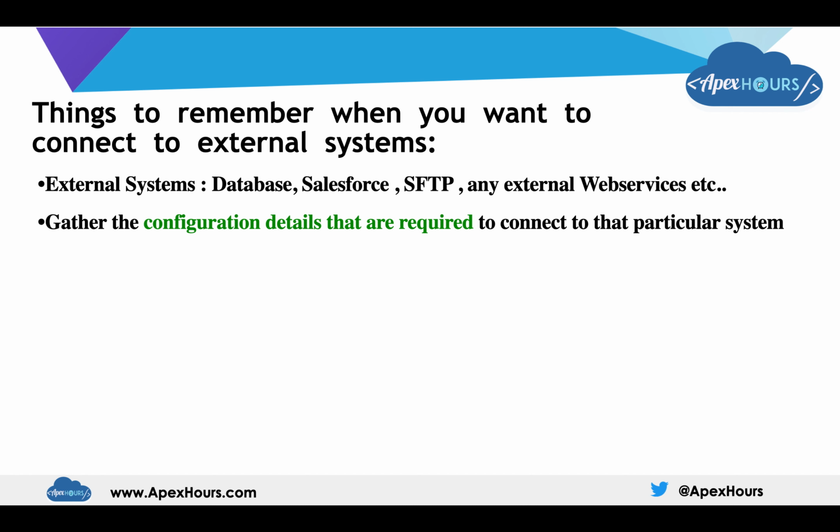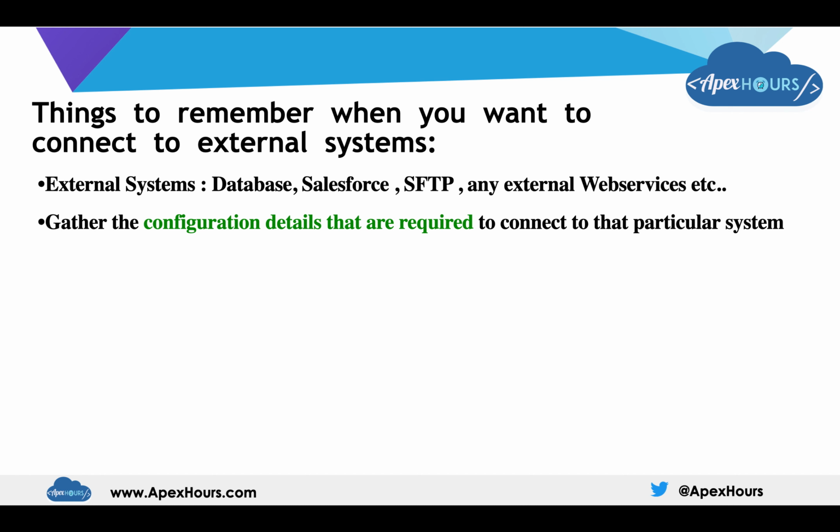Next, the first thing that you need to do, if someone asks you to develop an API to connect to an external system, for example a database or another web service, is to gather all the configuration details that are required to connect to that particular system. For example, a database, which we will cover in our coming sessions, requires a host, a port, a username and password.